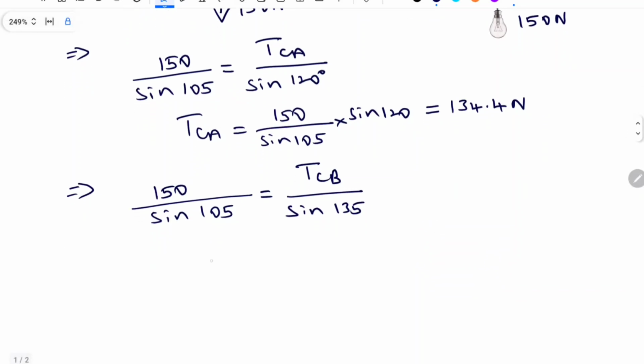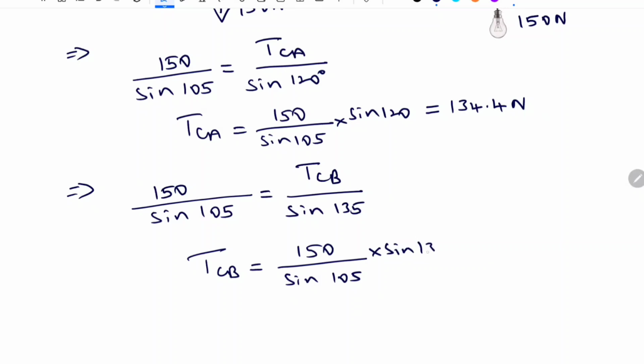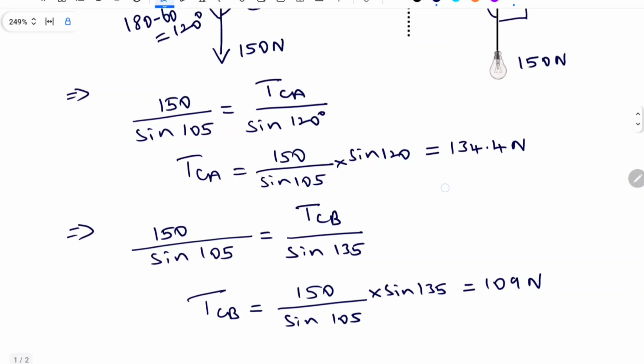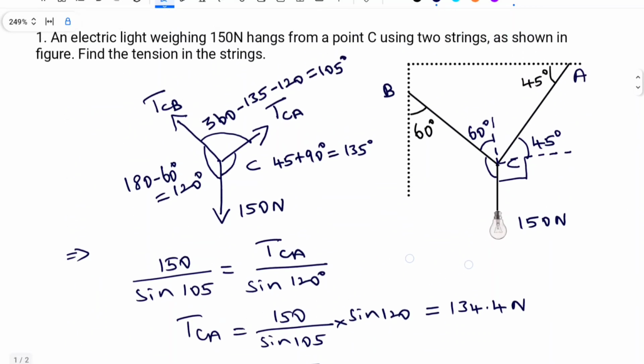Further, I can write TCB is equal to 150 divided by sine 105 into sine 135. This will give you 109 Newton. Like this we can calculate the tension for both the strings.